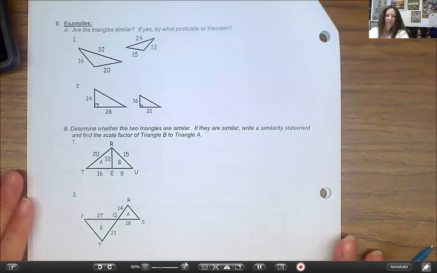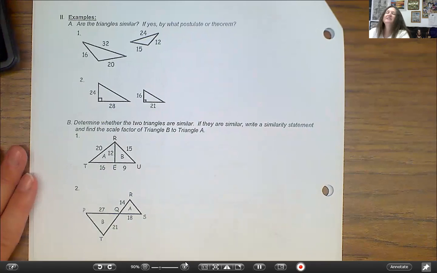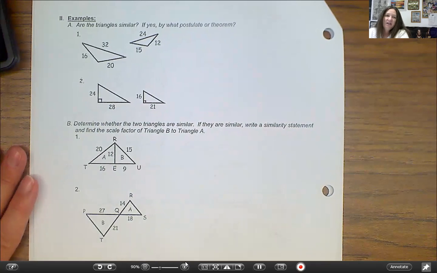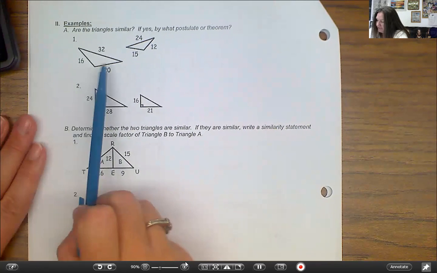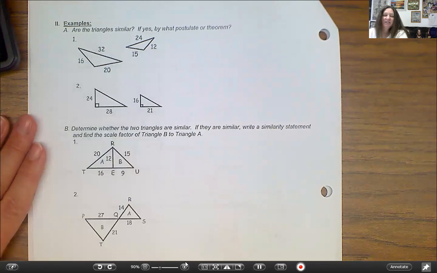All right, so if we continue on to working with a few examples in this situation. We want to know, again, are the triangles similar? And if so, what postulate or theorem would we be using? Well, what I should notice in number 1 is that I have side lengths marked on here. So I should be testing my side similarity.